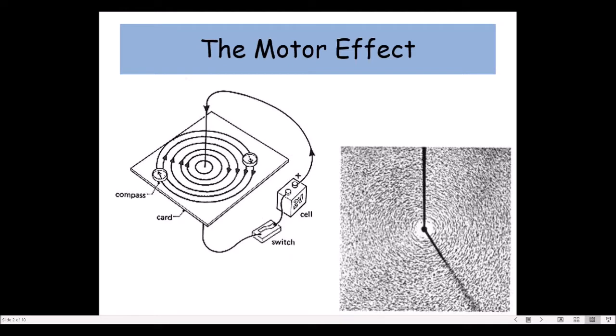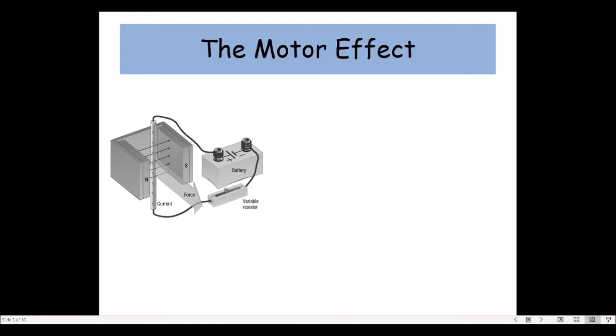Let's look at a little diagram that hopefully will make that a little bit clearer. Here we have a simple circuit, and you can see the battery. Again, the current will flow from positive to negative along the wire here, and then down through this conductor or wire, through a magnetic field, and we'll come back to that in a minute, and back round to the battery.